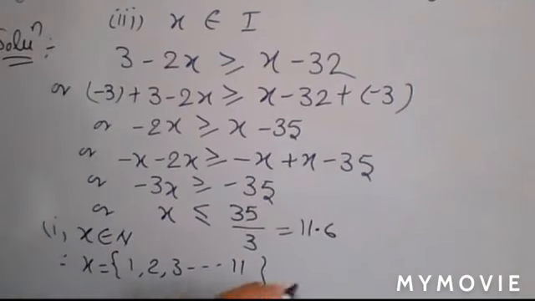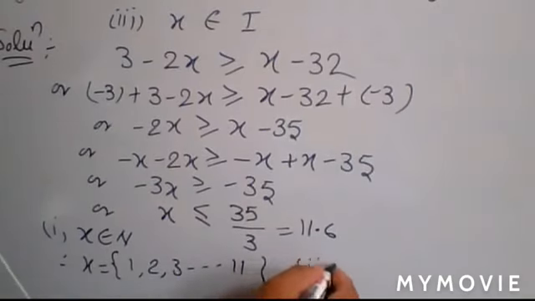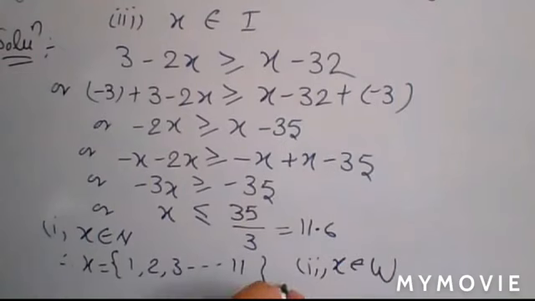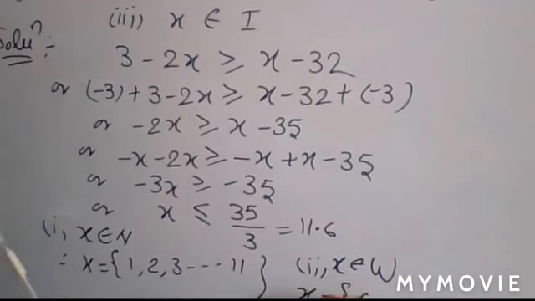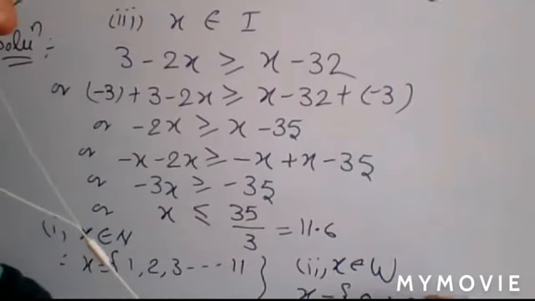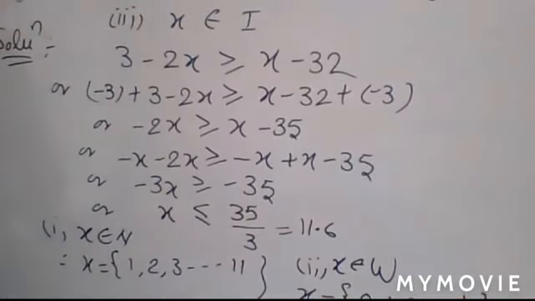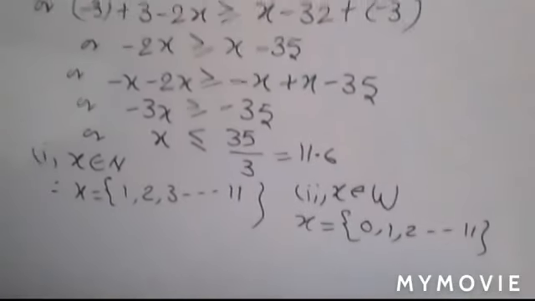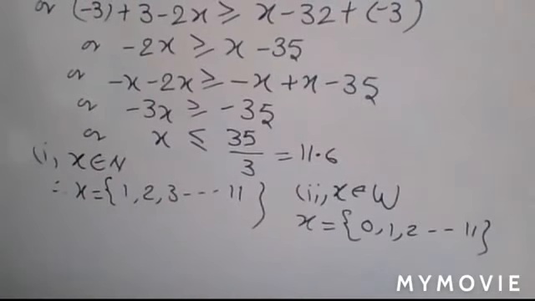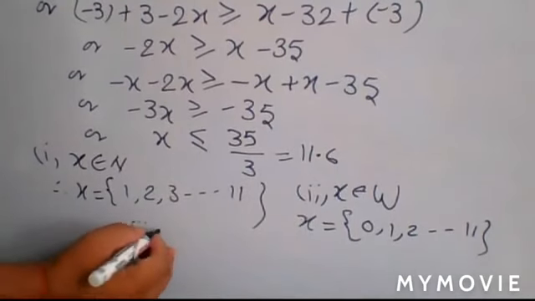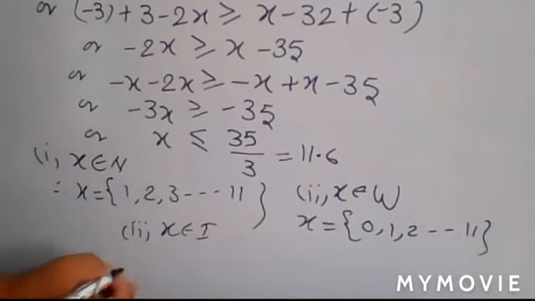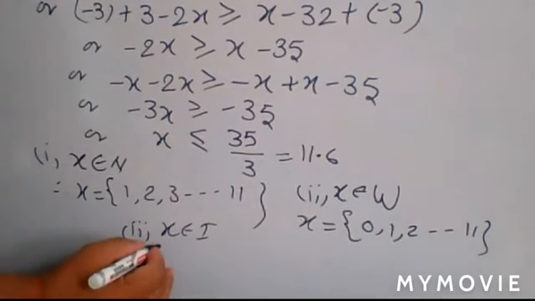In the second part, x belongs to whole numbers, so the value of x starts from 0. So 0, 1, 2 up to 11. You write it in this way. Understand? In the third part, x belongs to integers, so x is negative also.